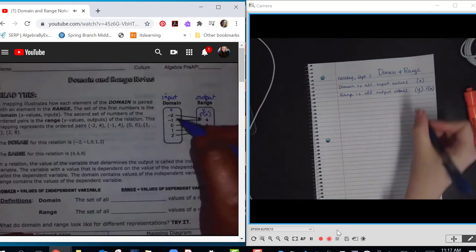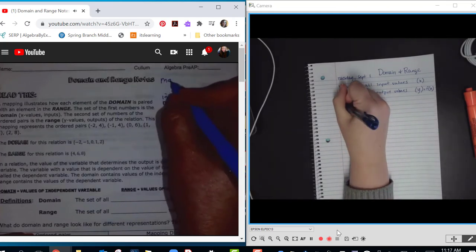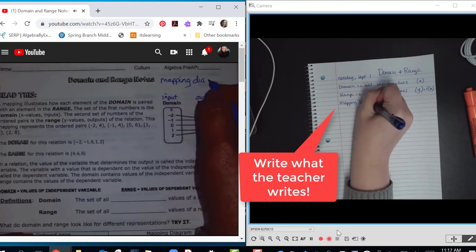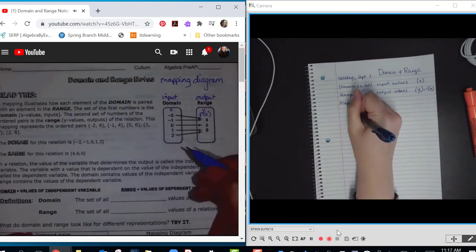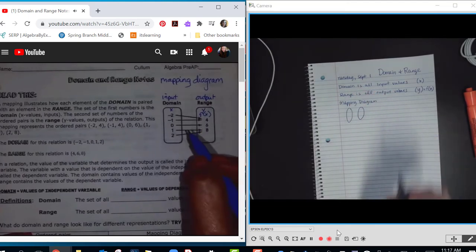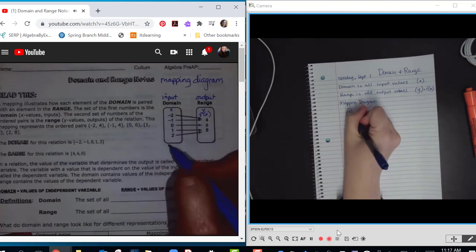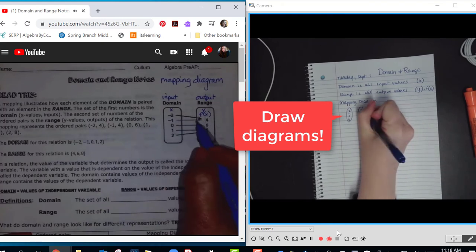Okay, this type of illustration is called a mapping diagram. This particular one shows that each element or each number in the domain has just one arrow coming from it to go to the range.